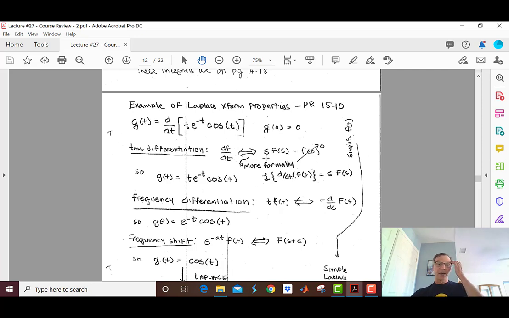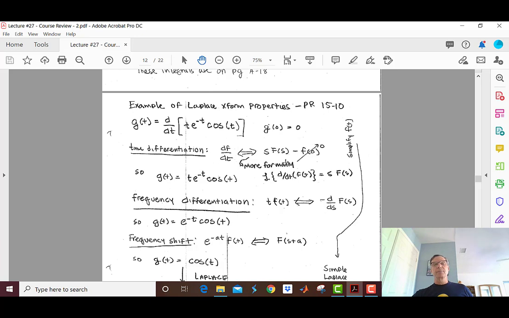Let me say that again. The time differentiation property says, if I recognize that I have the derivative of some function with respect to time, all I need to do to get the Laplace transform of that whole thing is just get the Laplace transform of this function and then multiply it by s.